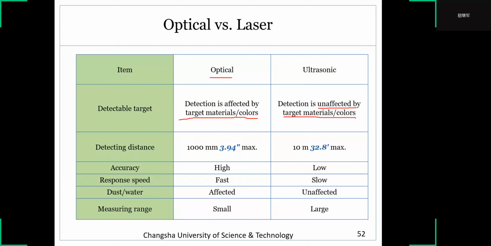Accuracy: optical is high, ultrasonic is low. Response speed: optical is fast, ultrasonic is slow. Dust and water can affect the optical sensor, but do not affect ultrasonic. Measuring range: optical is small, ultrasonic is large.